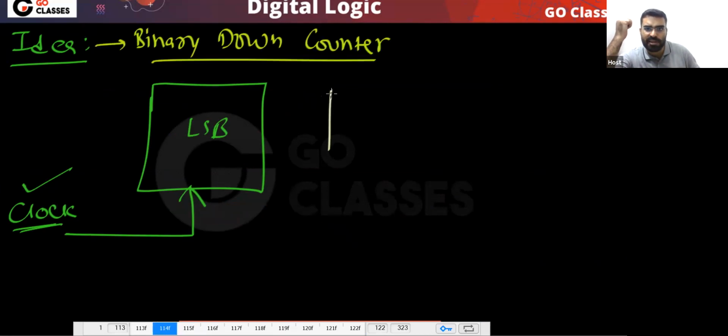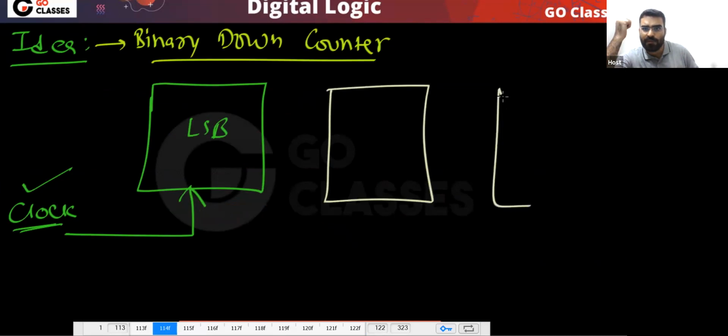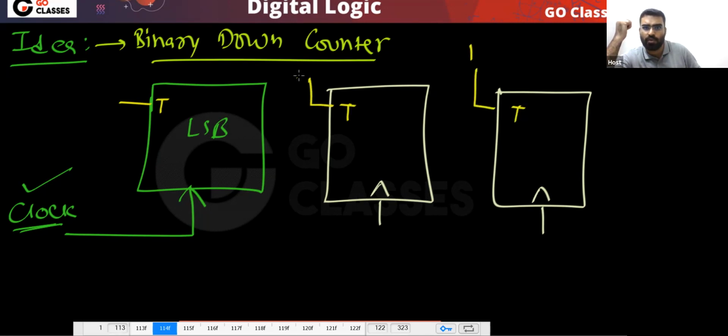If all my flip-flops are positive edge triggered, what should I do? Remember, this is a T flip-flop, this is a T flip-flop, this is a T flip-flop, and all of them are connected to 1.